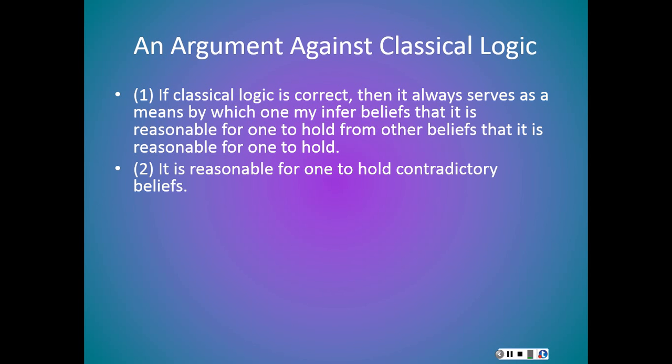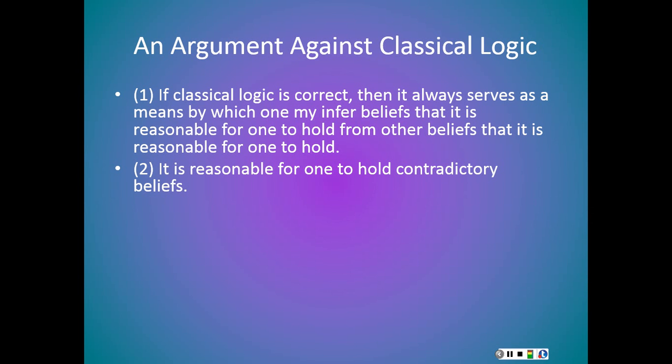Okay, second premise. It is reasonable for one to hold contradictory beliefs. Now I suspect that this premise does not look true to you. It doesn't seem at first glance that it is reasonable for one to hold contradictory beliefs. But there are actually some powerful arguments for the conclusion that, at least in certain kinds of situations, it is reasonable for one to hold contradictory beliefs.